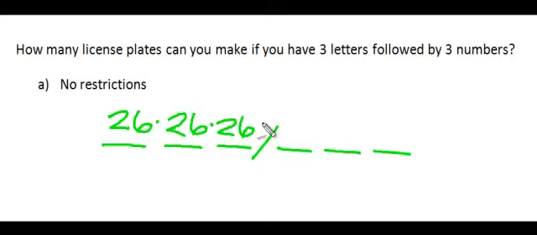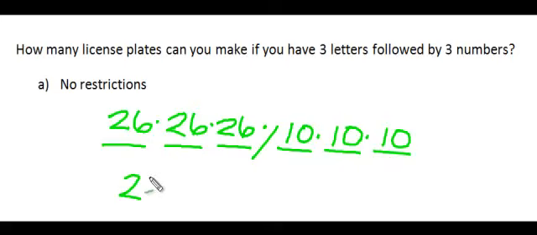So the numbers will continue down here. We have 10 different digits. So we have 10 choices for the first, 10 choices for the second, and 10 choices for the third. So this is 26 times 26 times 26 times 10 to the third.